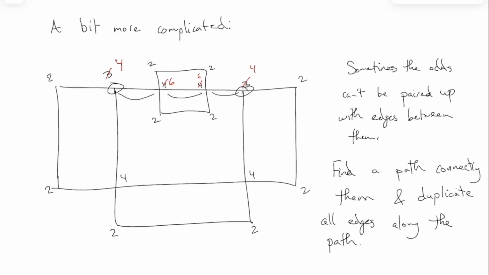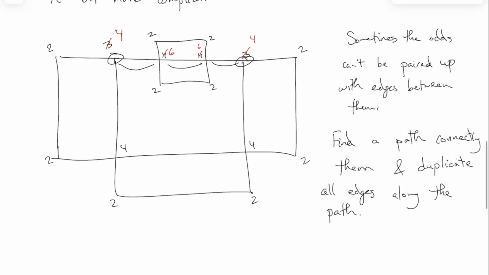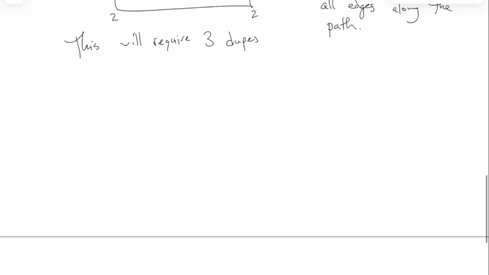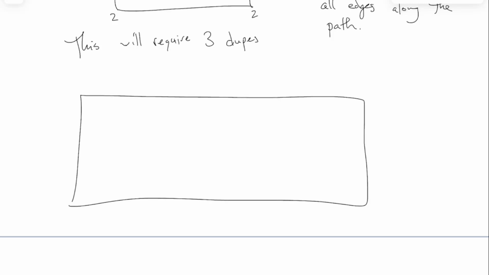So this one will require 3 duplications, 3 edges, right? It's that one path which consists of those 3 individual edges. 3 duplications. And can I try and draw it? So I'm going to draw this picture again.